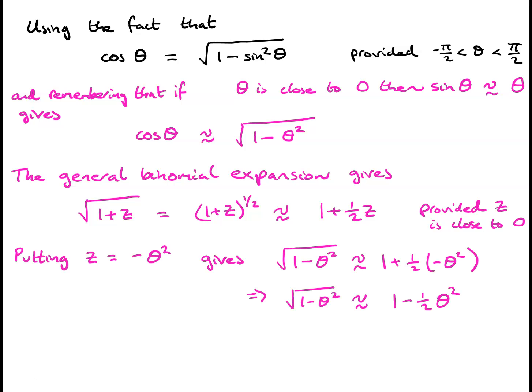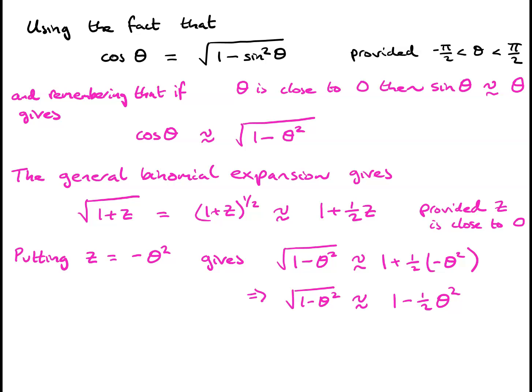Making use of this and putting z equals minus theta squared tells me that the root of 1 minus theta squared is approximately 1 plus a half of minus theta squared. In other words, the root of 1 minus theta squared is approximately equal to 1 minus a half theta squared.